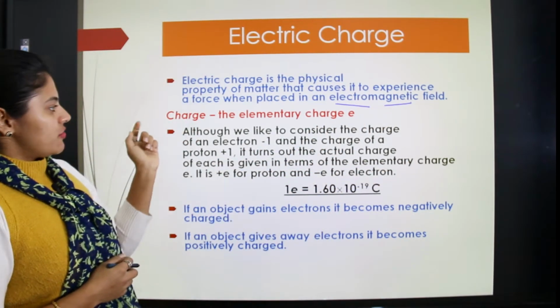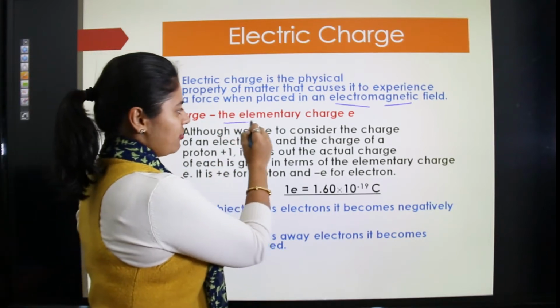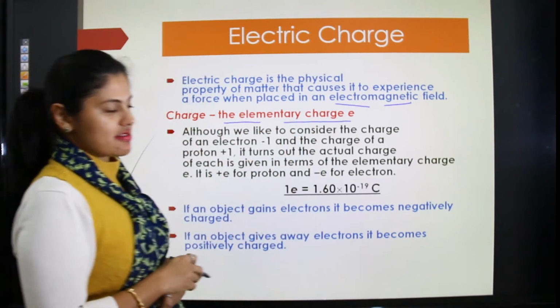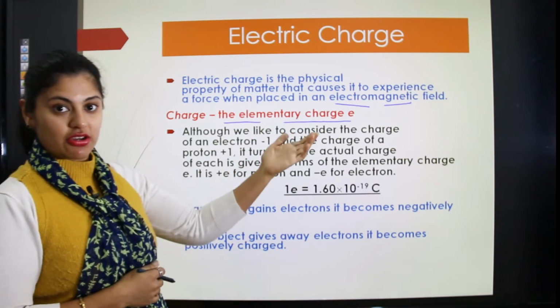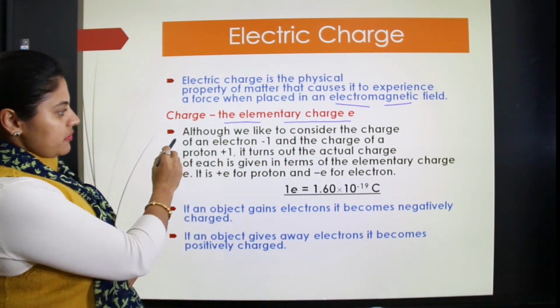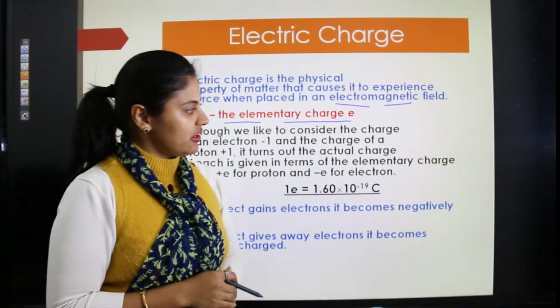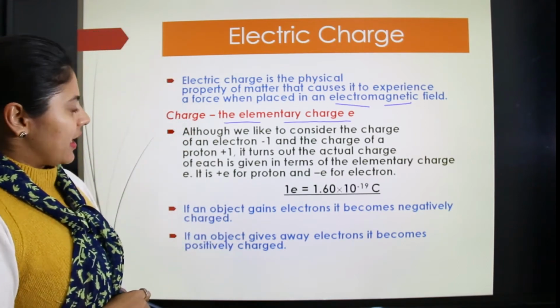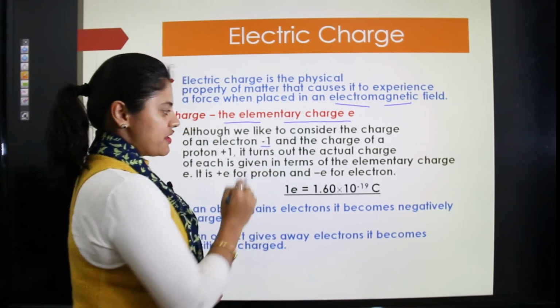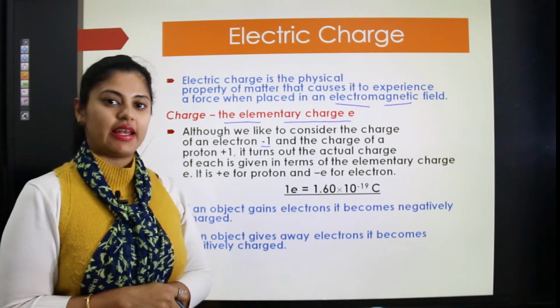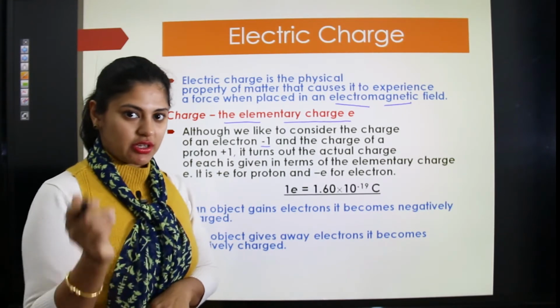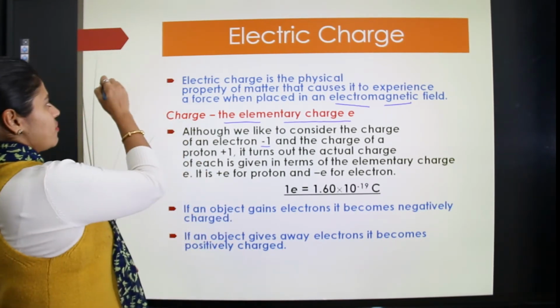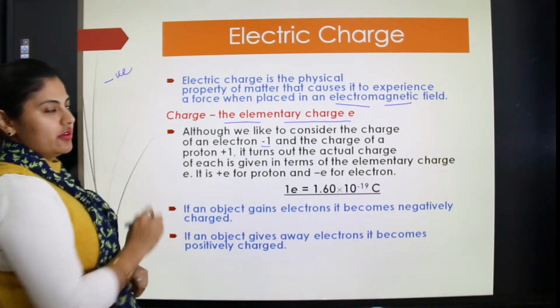Okay, so the elementary charge is taken with the symbol e. Although we like to consider the charge of an electron, which is -1. So basically we consider the charge of an electron, which revolves around the nucleus, as -1, and we can take it as negative.